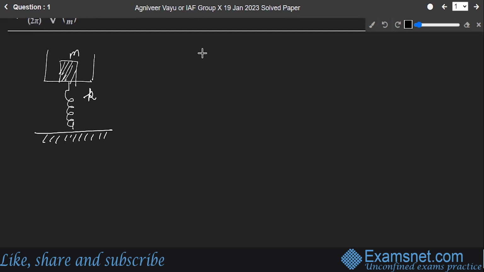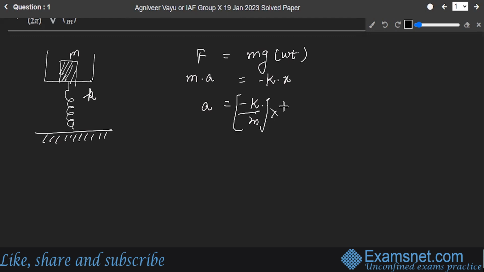So here the force is equal to the weight, which is equal to m into g. And force is given by mass into acceleration, correct? And this is actually equal to minus k into x. So a is equal to minus k upon m into x. Or the time period is equal to 2 pi root of m upon k.